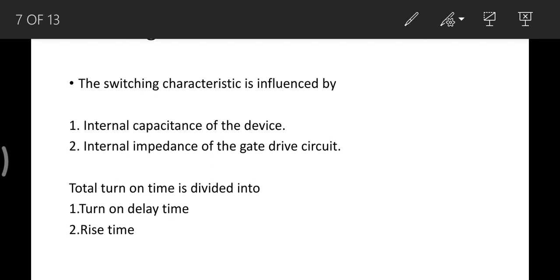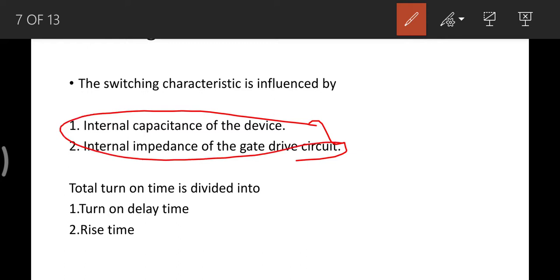The first one is turn on delay time and the second one is rise time. The switching characteristics mainly depend upon the internal capacitance of the device and the internal impedance of the gate driving circuit. These two are the important parameters in switching characteristics.